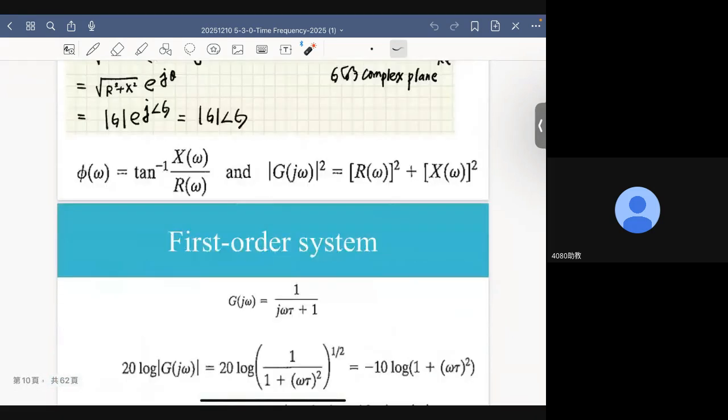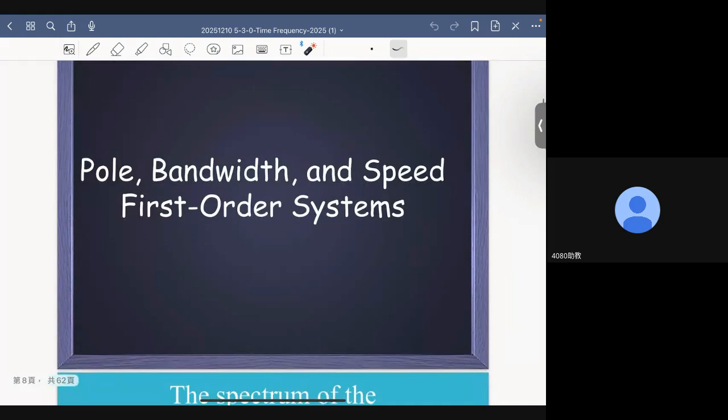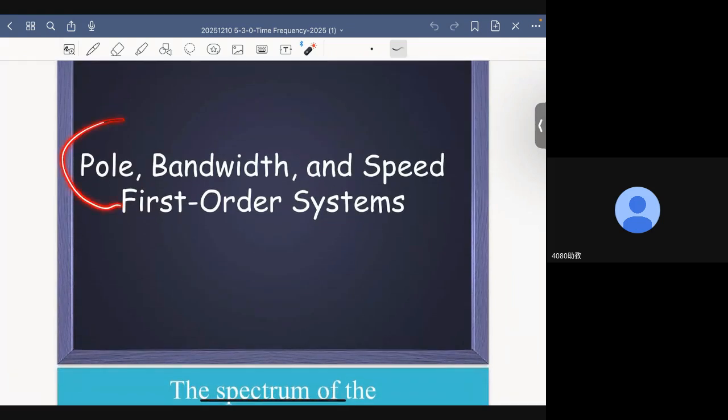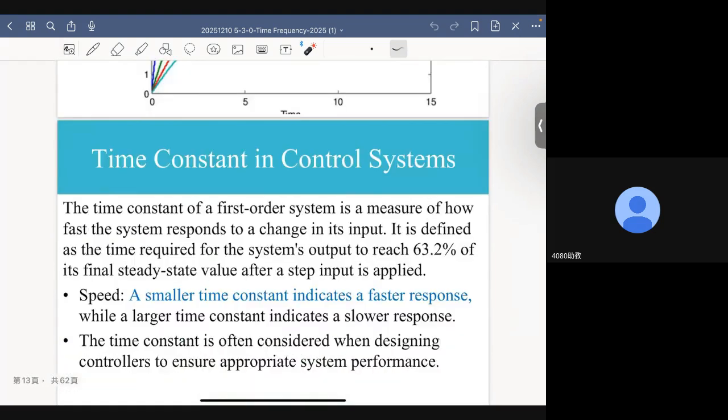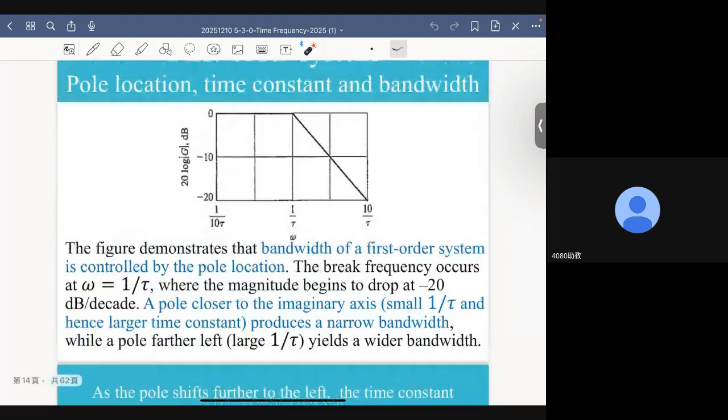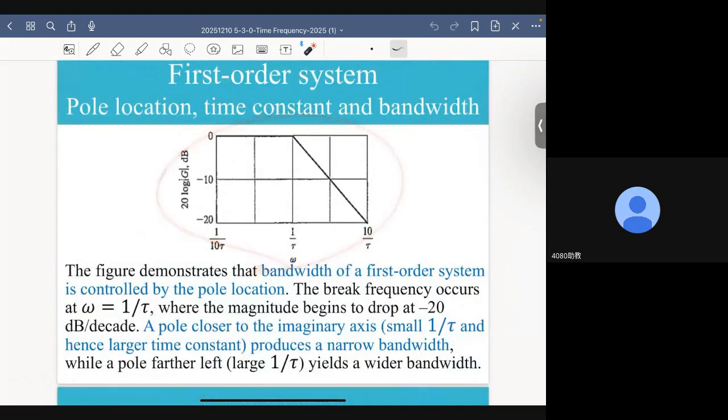Remember, in the beginning, I told you that our goal here is to relate these three important parameters. From this figure, it tells us a pole closer to the imaginary axis, which means it has smaller 1/tau, and hence larger time constant, produces narrow bandwidth.